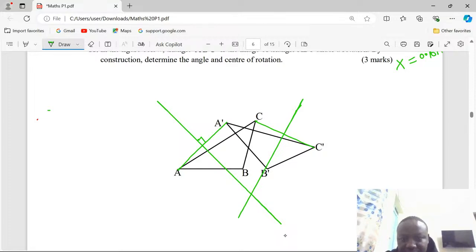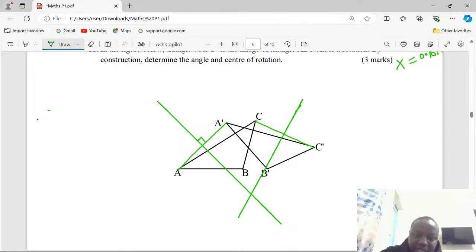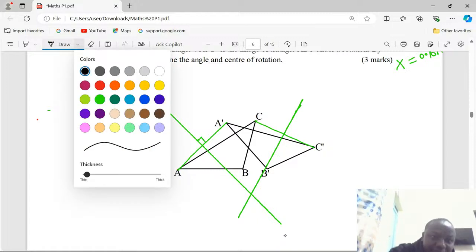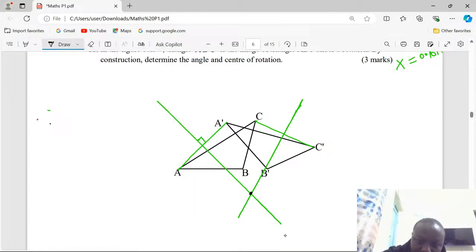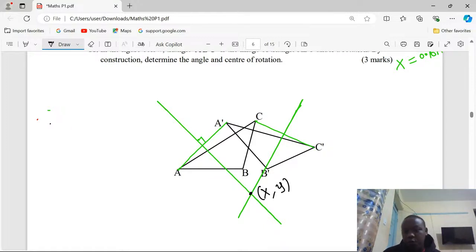Once you bisect perpendicularly, you can see the two bisectors are meeting at a point. This now becomes our center of the rotation. We can let it be XY. Because there is no Cartesian plane, we are not in a capacity to read that value, but we can get the exact angle of rotation.